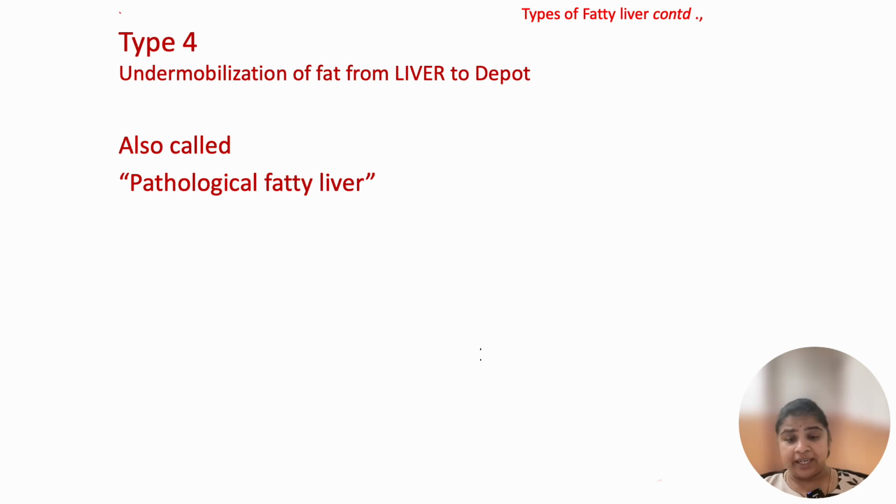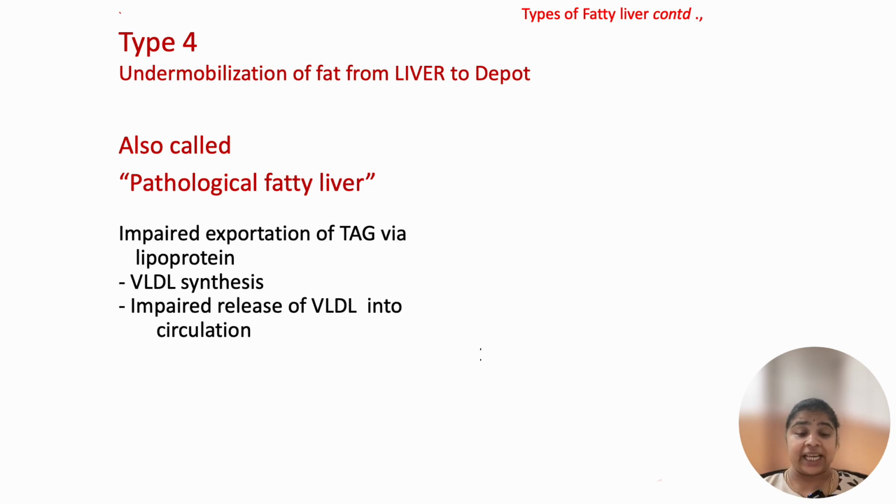Type 4 is undermobilization of fat from liver to fat depots. This is the pathological fatty liver, where export of the triacylglycerol synthesized by the liver is not happening because VLDL is not being released from the liver. It could be because of a mutation leading to alteration of ApoB100.